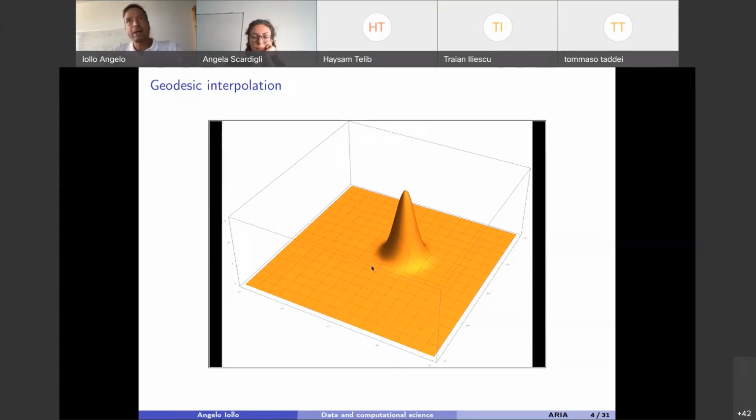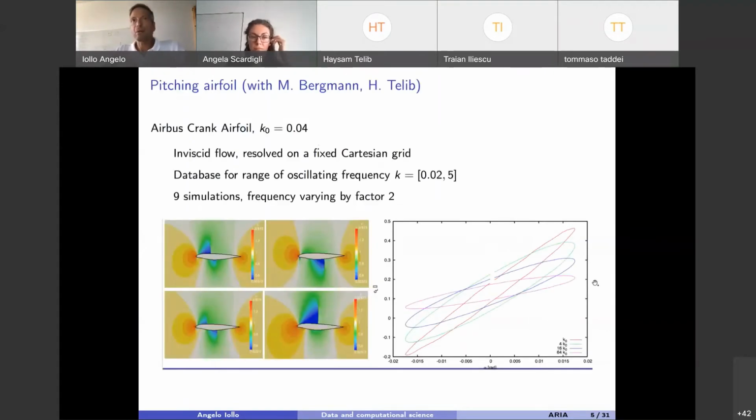But we could get around this problem, and some time ago, exactly with Haitham Taleb and Michel Berman, we looked into a problem that was proposed by Airbus. It was an oscillating airfoil in transonic regime.